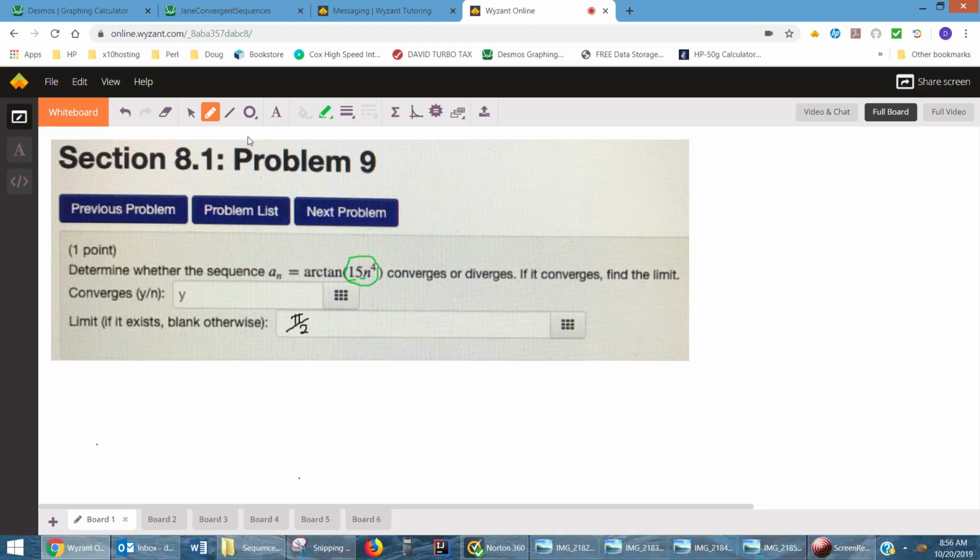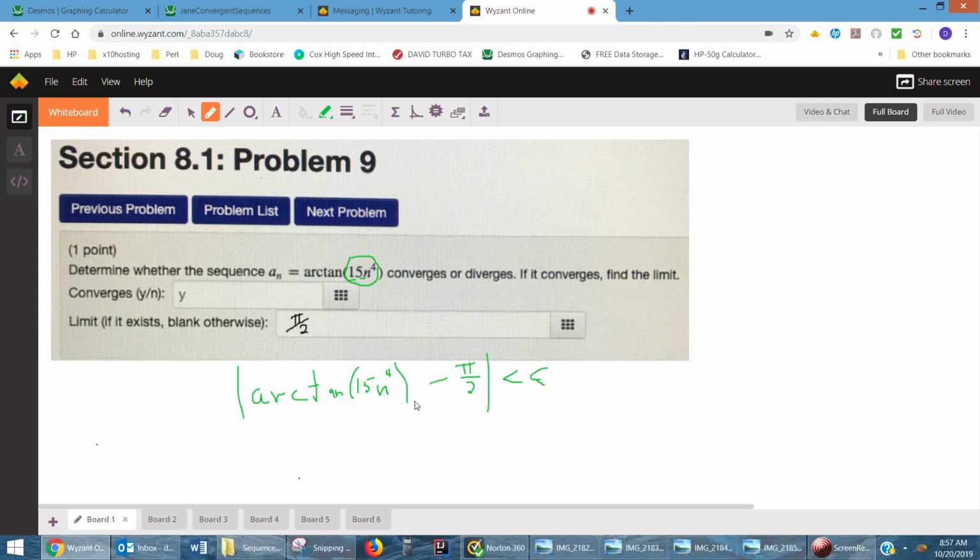If I wanted to actually prove it using the limit definition, I'd go something like this. For any number epsilon, the arctan of 15 n to the 4th minus pi over 2, we want that to be less than any epsilon that you give me, and I'd like to solve for n in terms of epsilon.